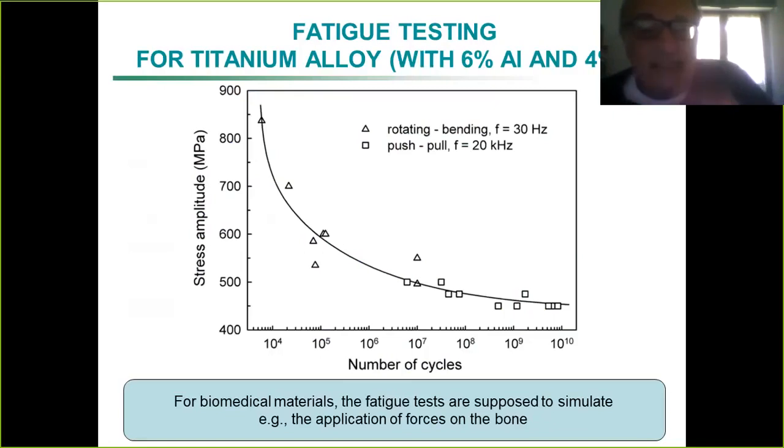The problem with this kind of test, or fatigue test, I will be clear about that. The problem with fatigue tests is that they are expensive, because let's imagine, you might have 30 hertz, so rotating and bending 30 times a second, or push and pull for 20,000 cycles a second, because in some cases we may assume, depending on where the prosthesis is, very fast moving.